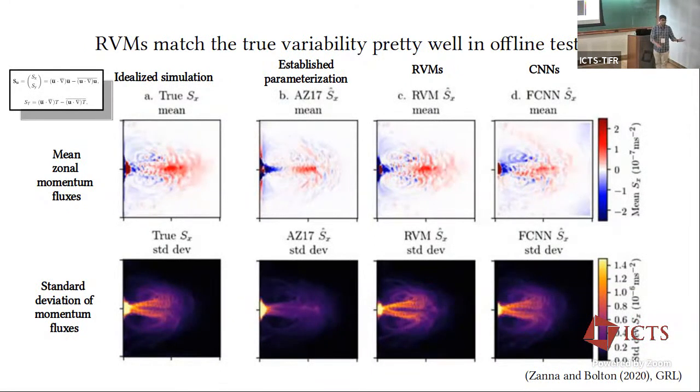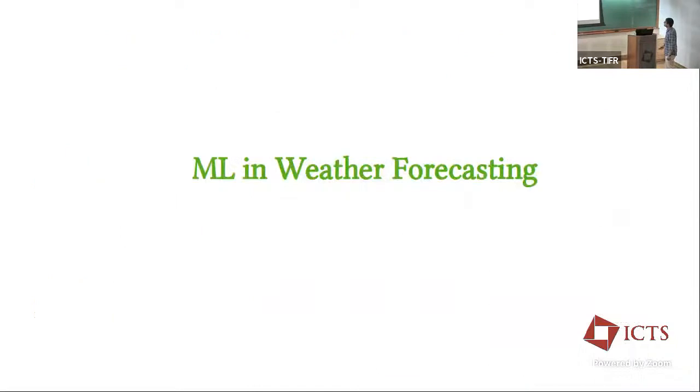So basically there's a trade-off. RVMs give you an interpretable closed form, but CNNs, which don't give you an interpretable closed form, perform better. And I'm sure this work can guide future research in this area, and the same equation discovery concept can be applied to other physical processes as well, in the atmosphere and ocean and so on.